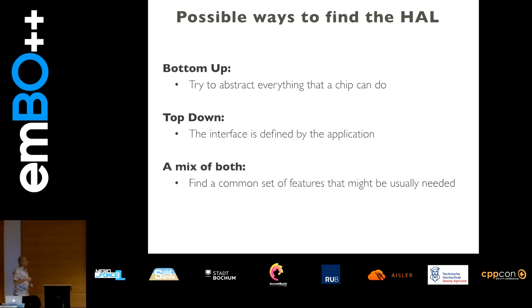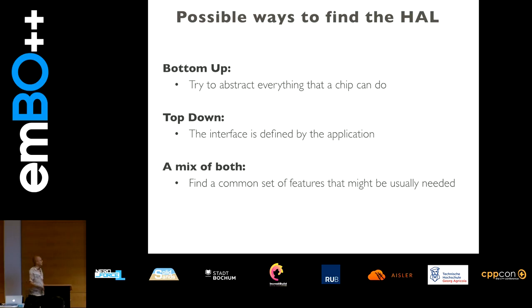Another point is, how do I do that? I tried to start from the bottom up and abstract everything that is there. But that's an endless story. You can't do that, and it makes no sense for an abstraction, because if you want to stay generic, you can't abstract everything that is vendor dependent.